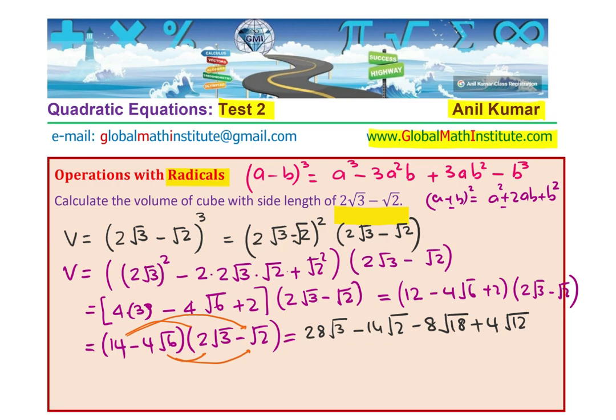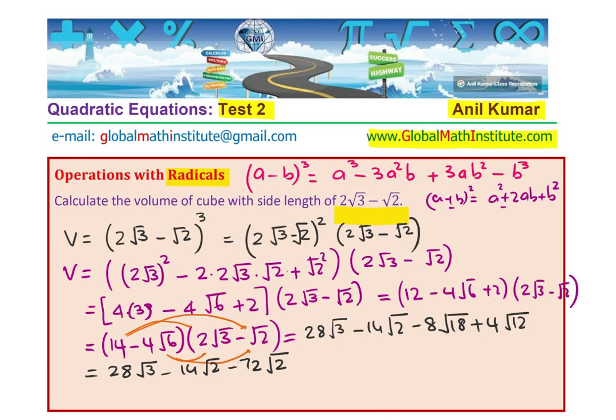Now we can simplify. We have 28 square root 3 minus 14 square root 2. Now 18 within the square root can be written as 9 times 2. So 9 comes outside. 9 times 8 is 72, right? And 4 times 12 within square root means 4 times 3.